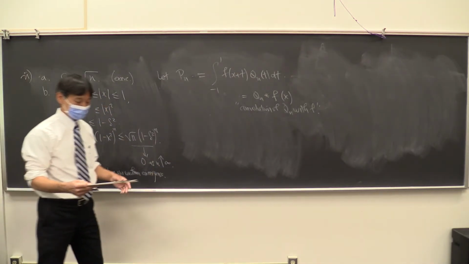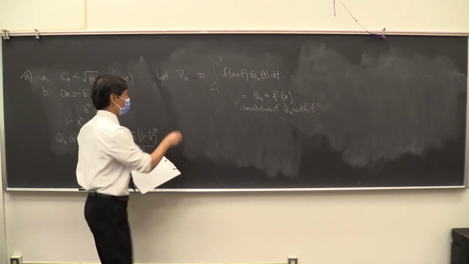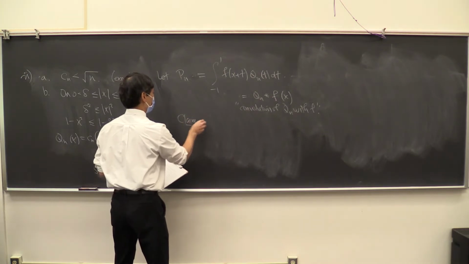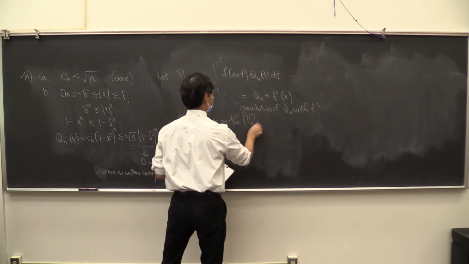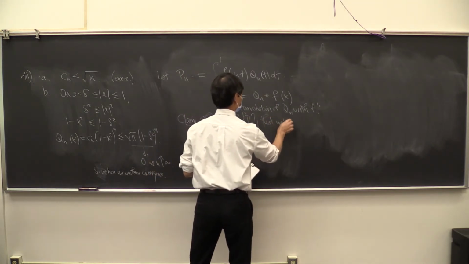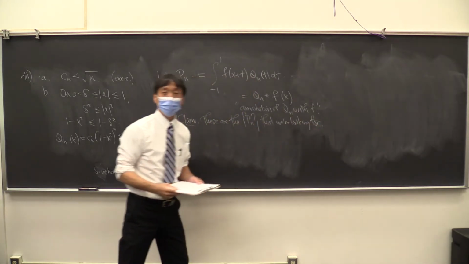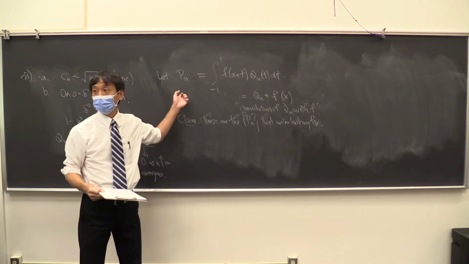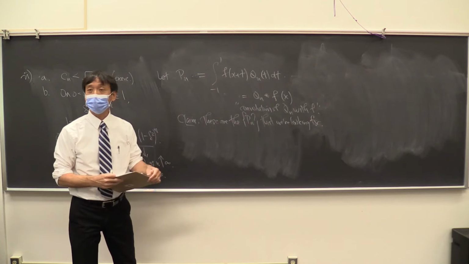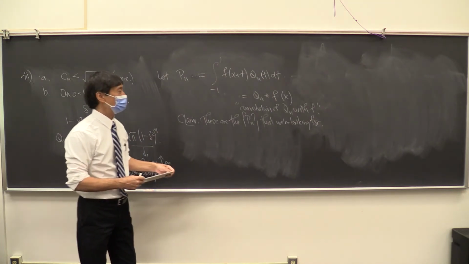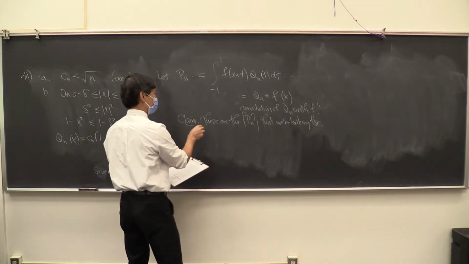Okay. So our claim is that these are the P_n that we're looking for. We wanted to construct a bunch of polynomials that converge uniformly to f, and this is them. So there's two parts to this claim.